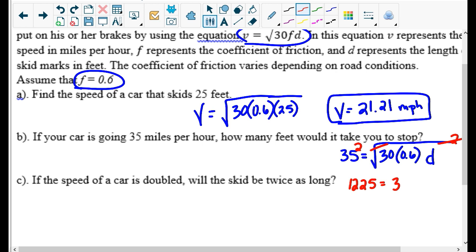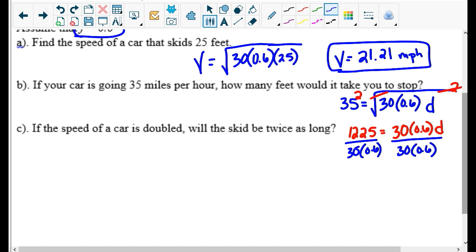So then that equals 30 times 0.6 times D. Now, I'm just dividing by what I want to get rid of. Everything here is being multiplied, so I'm going to divide by 30 times 0.6. Or you can plug that in and you get 18. So 30 times 0.6, or just 18.